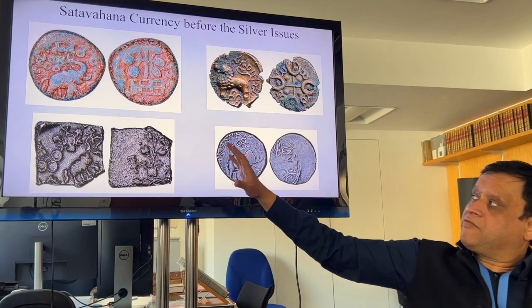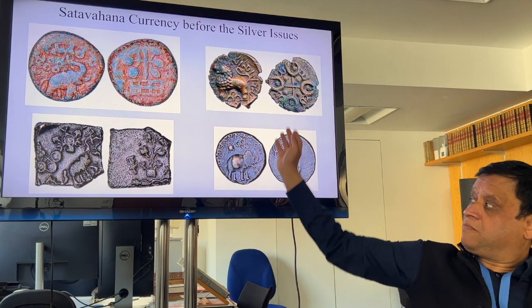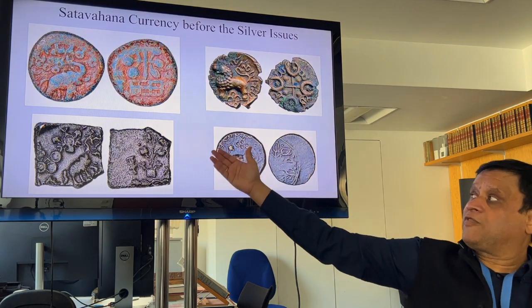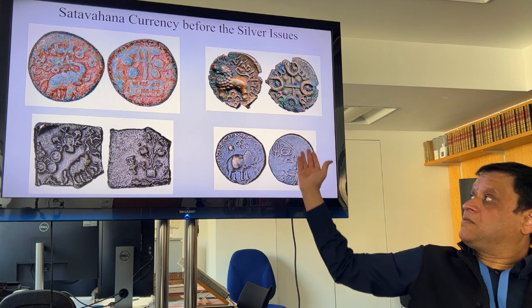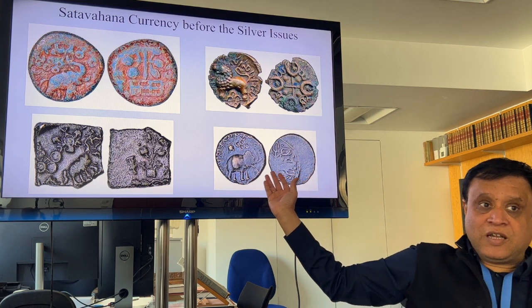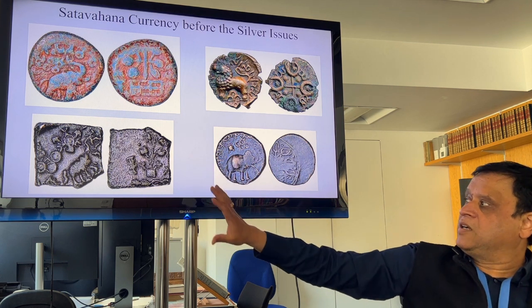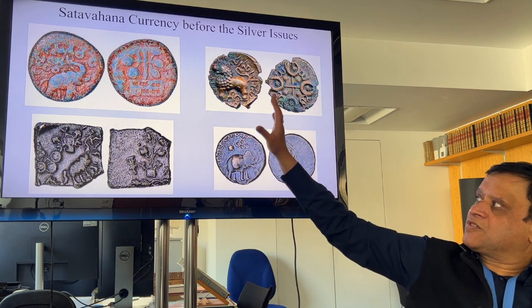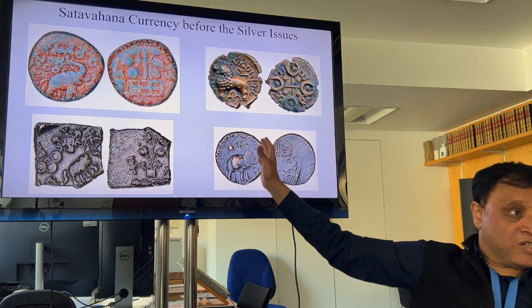Obviously, typologically, they have similar features on them. All of them have an elephant on the obverse, and a tree in railing on the reverse. However, the execution, the symbolic program, and the way the type characteristics are arranged is very different.